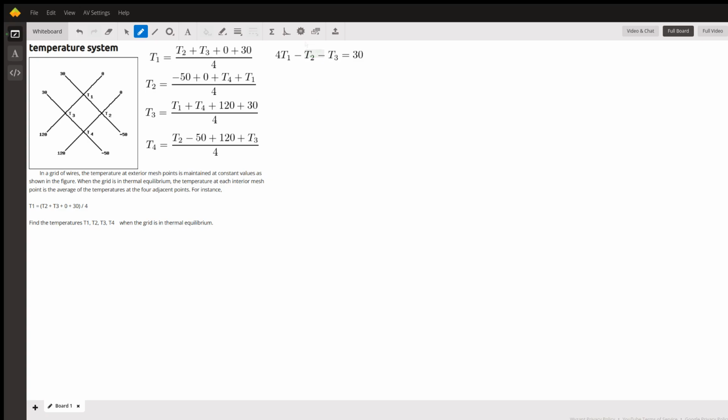And I'm going to put a 0 T sub 4 so that we can see all those variables all together.